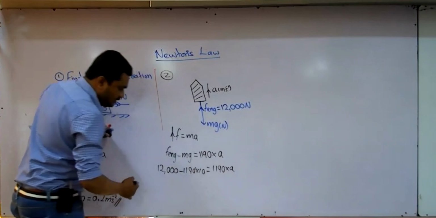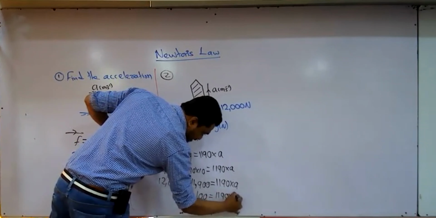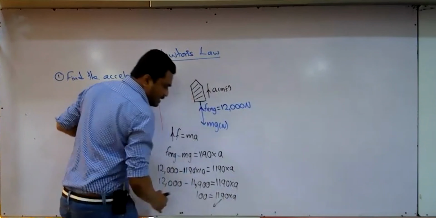12,000 minus what is 1,190 times 10, that is 11,900. Am I right? 12,000 minus 11,900 that is 100. So 100 equals 1,190 times a. Just take it to this side.